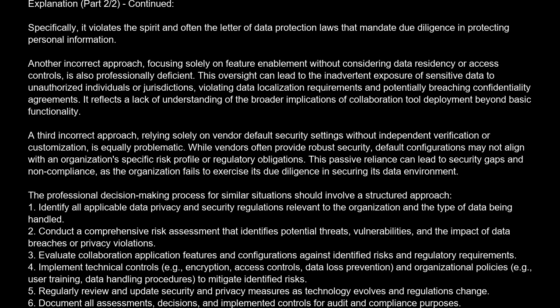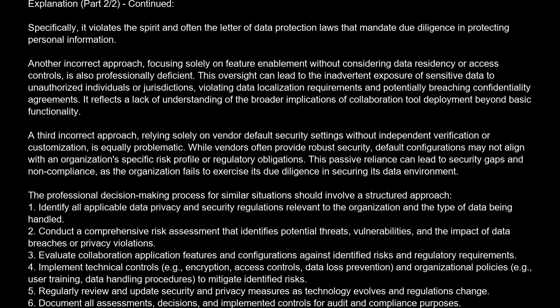The professional decision-making process for similar situations should involve a structured approach. 1. Identify all applicable data privacy and security regulations relevant to the organization and the type of data being handled. 2. Conduct a comprehensive risk assessment that identifies potential threats, vulnerabilities, and the impact of data breaches or privacy violations. 3. Evaluate collaboration application features and configurations against identified risks and regulatory requirements. 4.